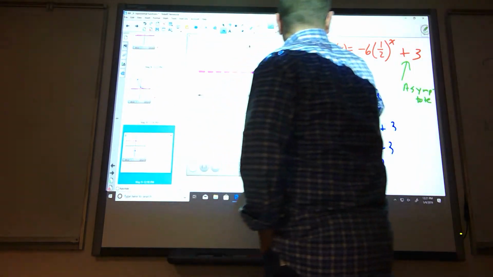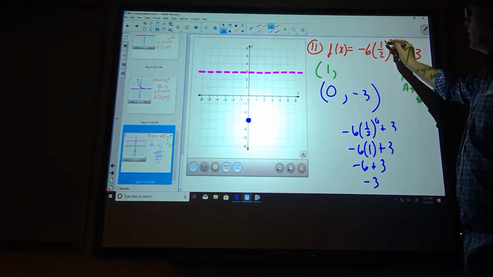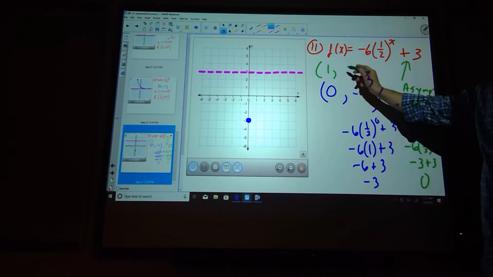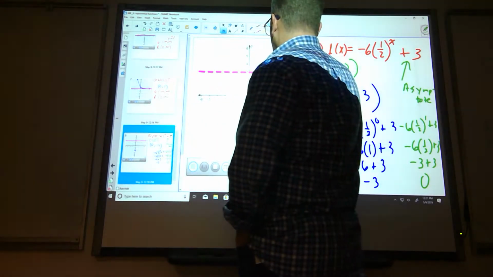Good call. Let's plug 1 in and see what happens. So I get -6 times 1/2 to the first plus 3. What's 1/2 to the first? 1/2. What's -6 times 1/2? -3, and I'm going to add 3. So (1, 0). Ooh.